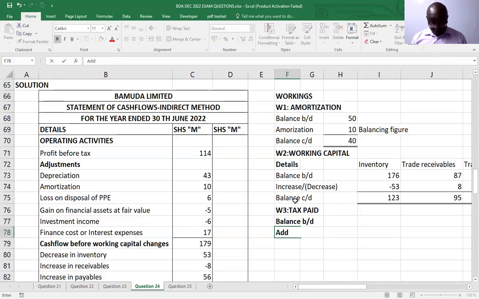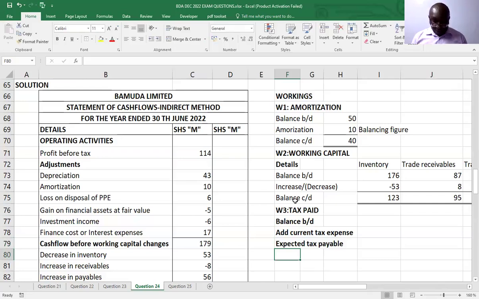You add current tax expense. You get expected tax payable.